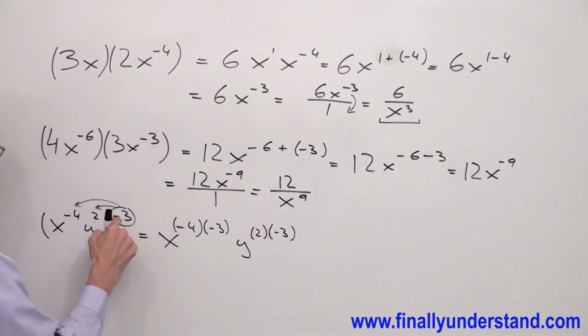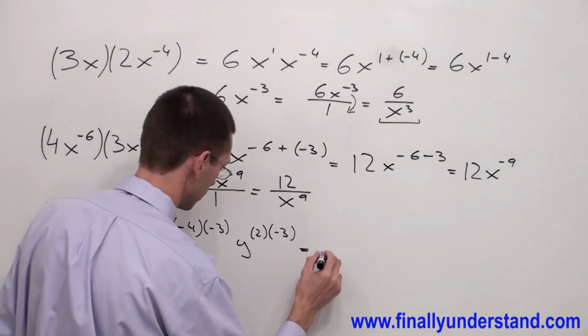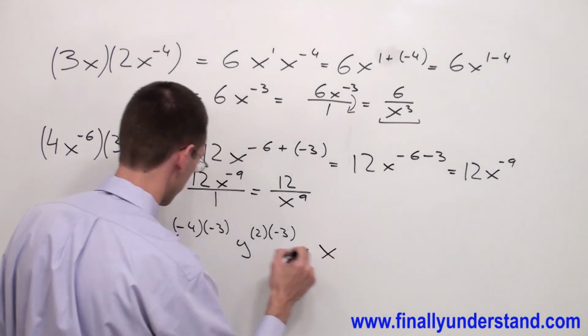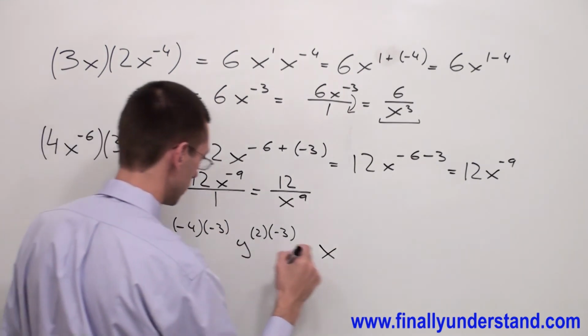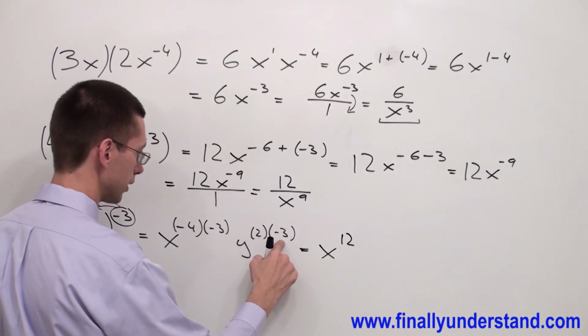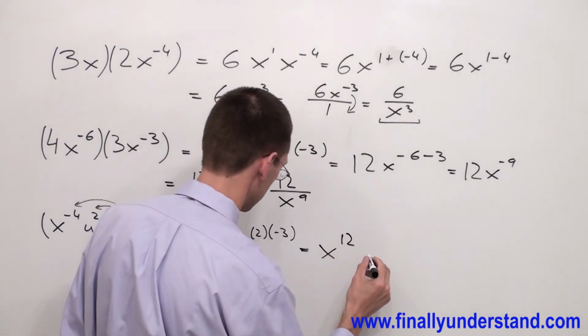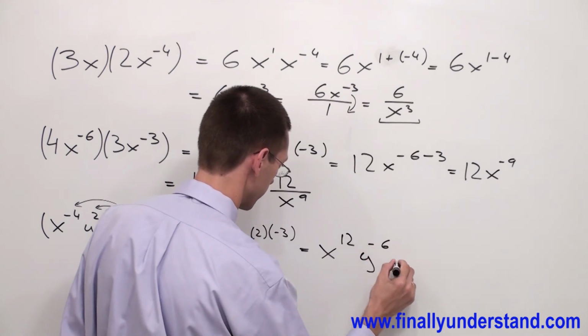I multiply external exponent by internal exponents. So I'm going to have x minus 4 times minus 3 is 12. 2 times negative 3 is negative 6. So I have y to negative 6.